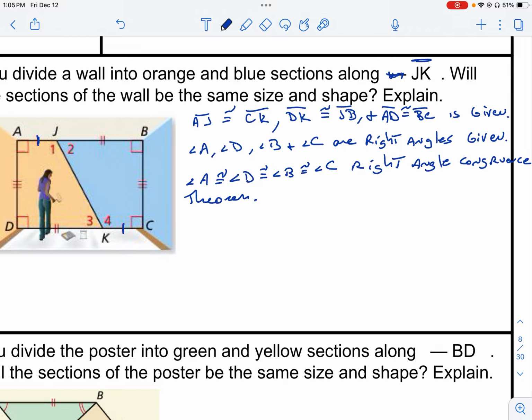So we've got that far. So we've got three sides. We have two sets of angles. We need two other angles.